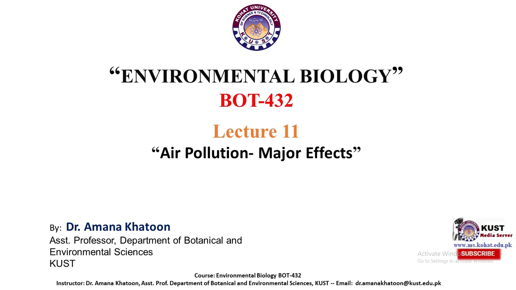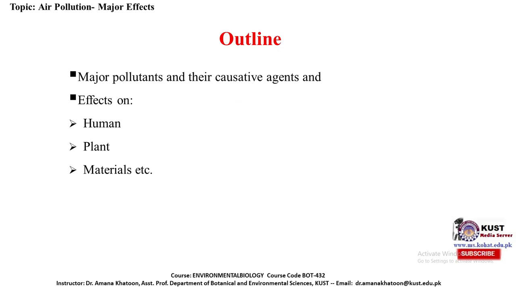Today, the topic for the discussion in this lecture is air pollution, its major effects. The main topics to be discussed in this lecture include major pollutants and their causative agents, and effects of those pollutants on human, plants, and materials.